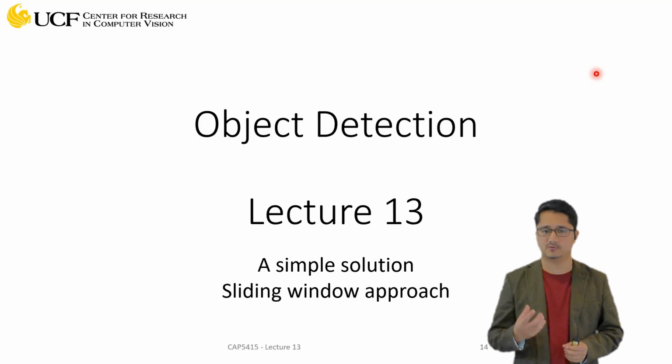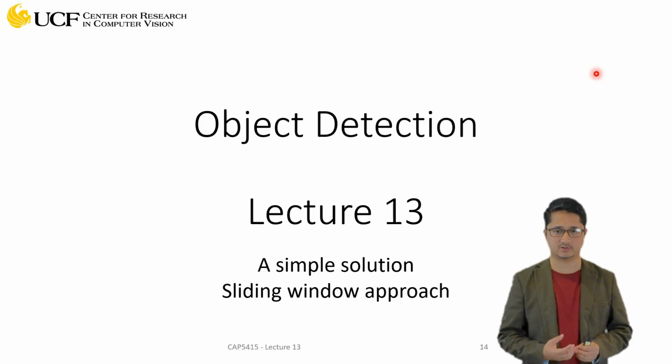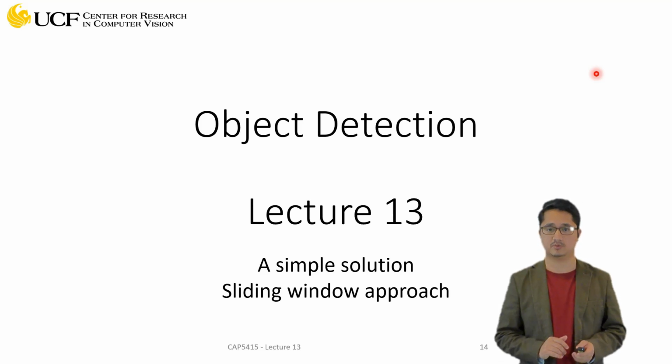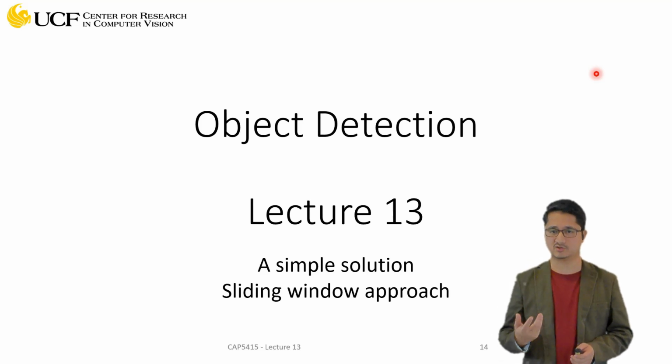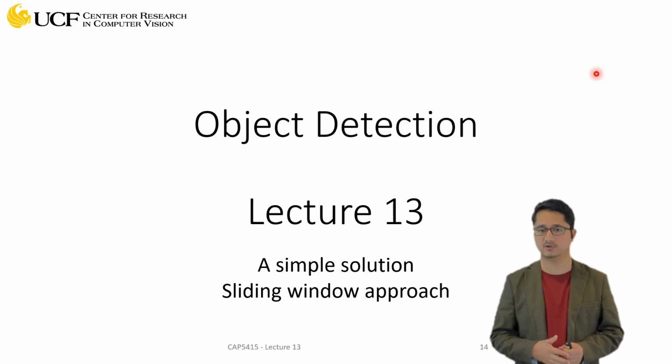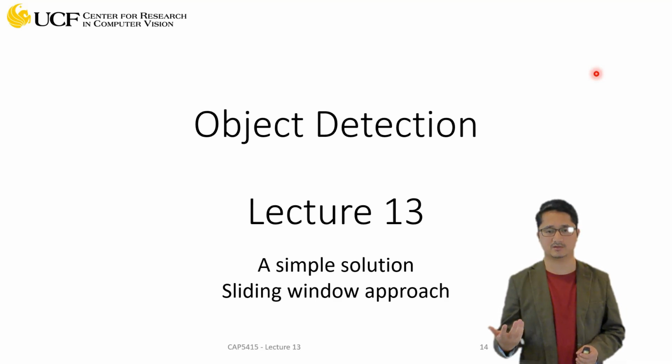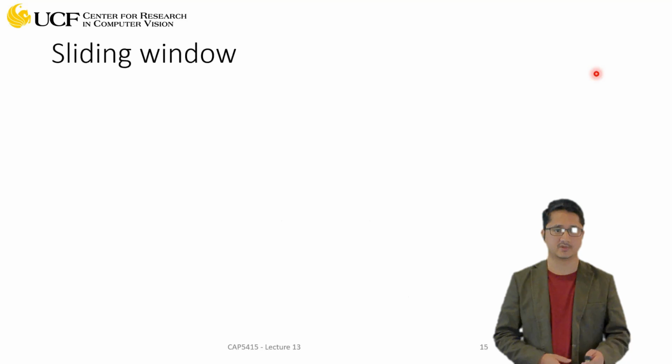So let's try to see what can be a very simple algorithm which can solve object detection for us. And again, we have seen this algorithm before, not from a detection point of view, but from a classification point of view. But you will see the same algorithm can solve detection for you as well. And the approach is sliding window. We have seen this a lot.